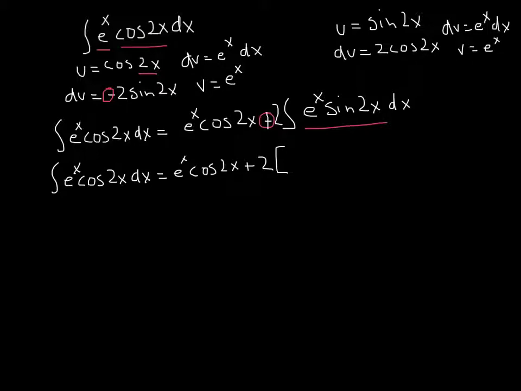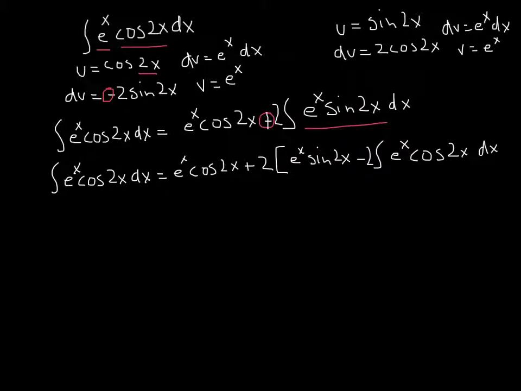And so we have uv, which is e to the x sine of 2x, minus the integral of v du. v is e to the x, and du is 2 cosine 2x. I'm going to put the 2 out there, and it's going to be cosine of 2x dx.